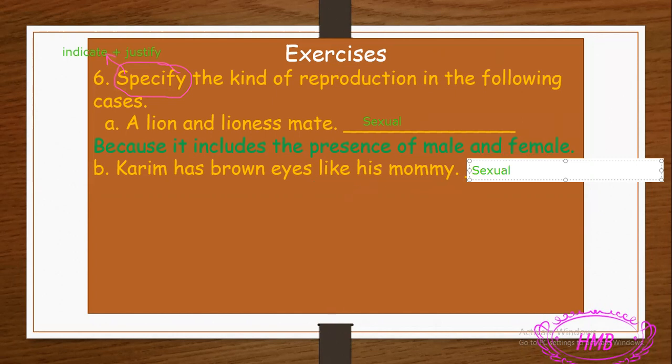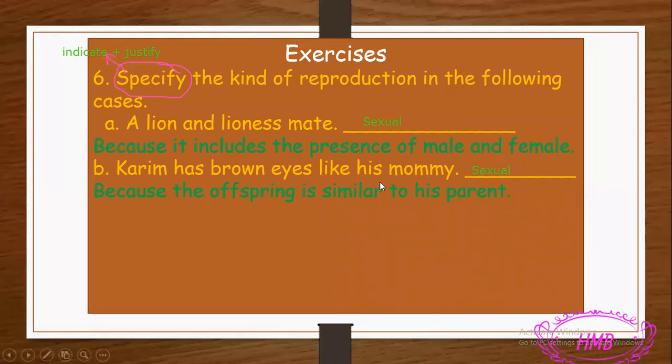Pay attention to the riddle. We are giving you information to help you know the answer. A little bit of analysis of the sentence they give you, and right away you discover the kind of reproduction we want. Because the offspring is similar to his parent, they wrote that he looks like his mom, meaning he is an exact copy.